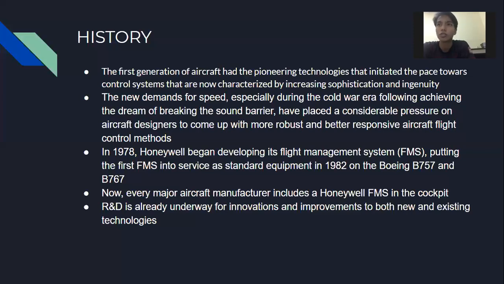The new demands for speed, especially during the Cold War era following achieving the dream of breaking the sound barrier, placed considerable pressure on aircraft designers to come up with more robust and more responsive aircraft flight control methods. Although the basic principle of pulleys and rods to control flight surfaces survived throughout the second generation of aircraft in World War II, as well as continuing with some of the third generation of aircraft, the disadvantage of an inefficient system would mark its end by the fourth generation, with the development of fly-by-wire systems.